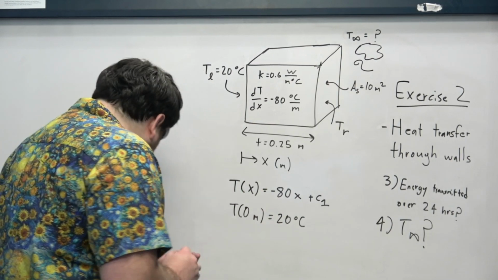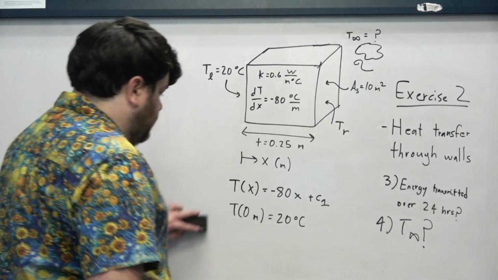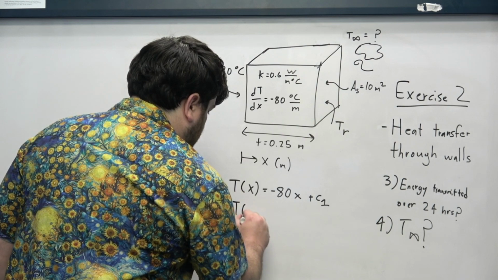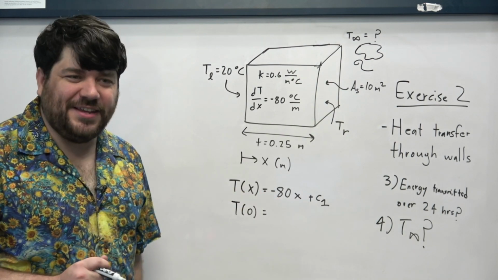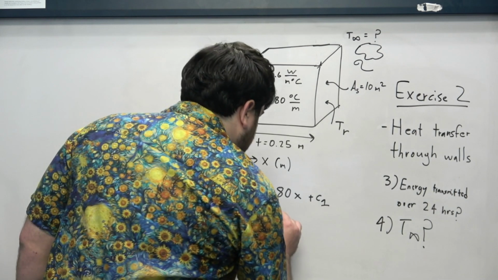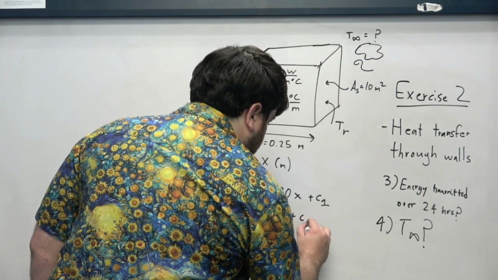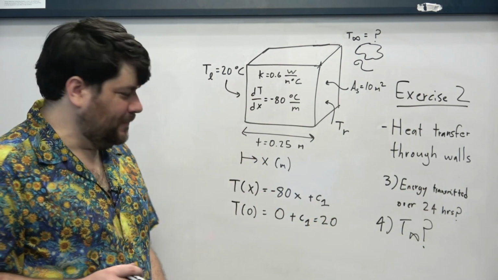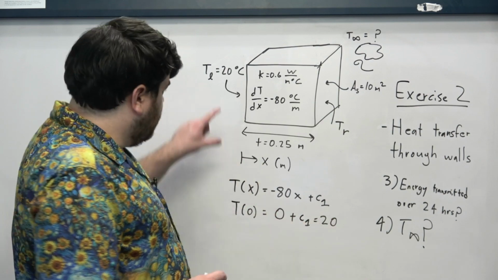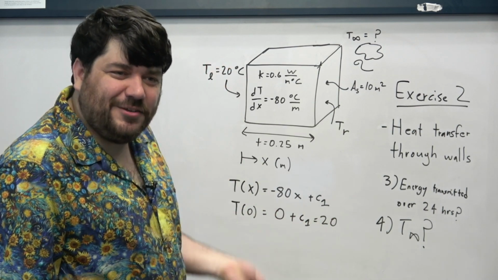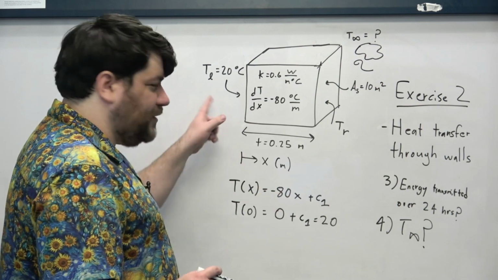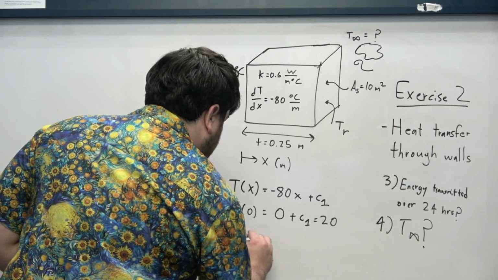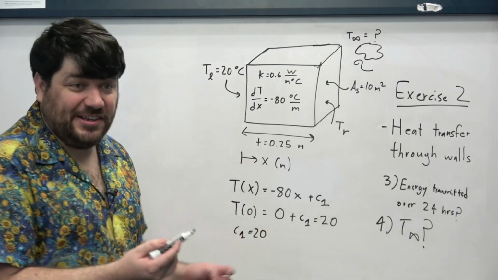Because what happens if I replace x in this expression with 0, what am I going to find? Well, this is just minus 80 times 0, so it's just 0, and then plus C1, and then this has to be equal to 20 degrees Celsius, but you get the point. And so as a result, just from this boundary condition, right, from this condition that we establish on the temperature profile at the boundary, we can already determine that C1 is equal to 20 degrees Celsius.